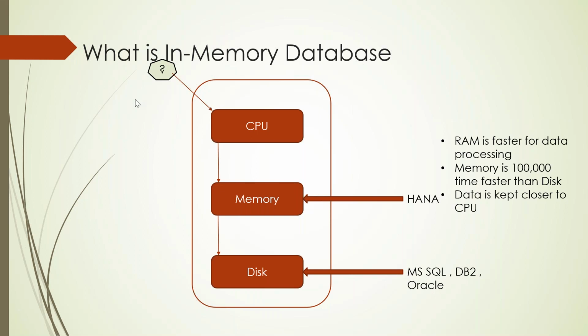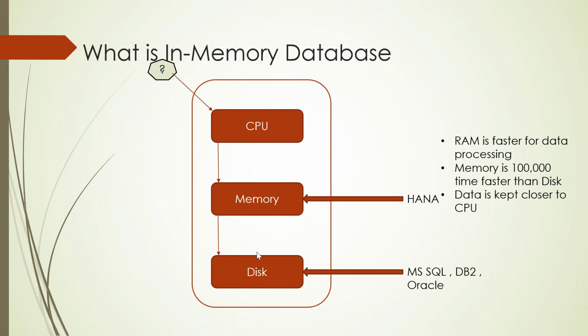So when we execute any SQL statement in the traditional database, that statement is assigned to the CPU, then it accesses the memory, and then it accesses the disk. On the disk we have 2 trillion records, and we have executed a query to find the top 5 customers.